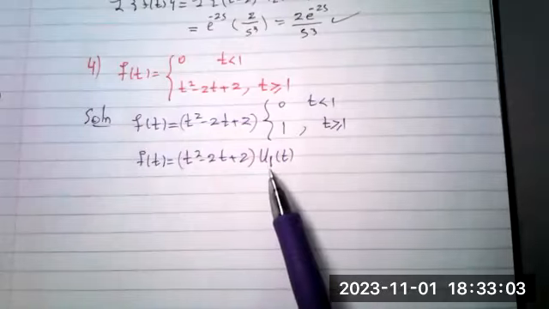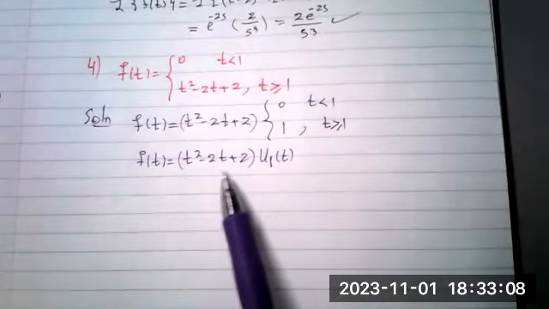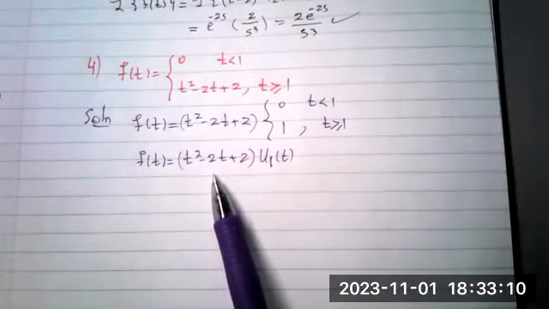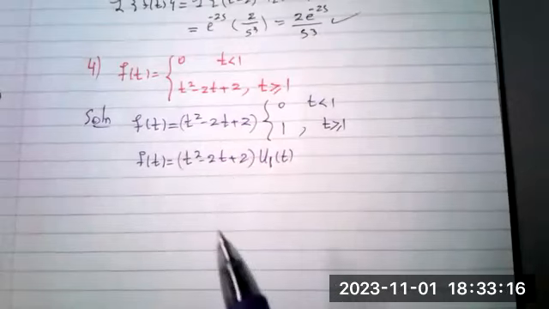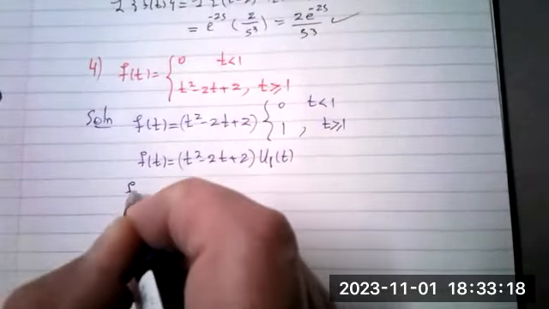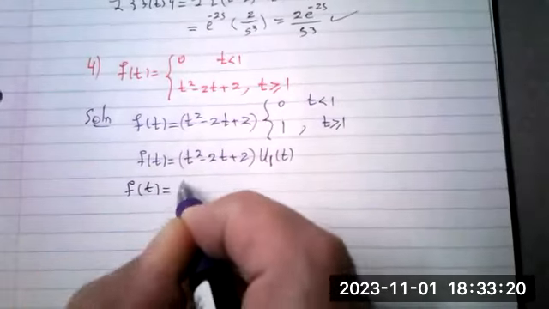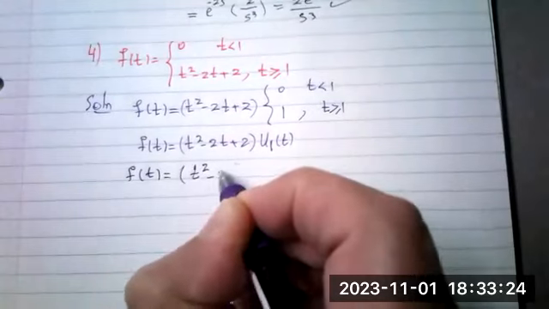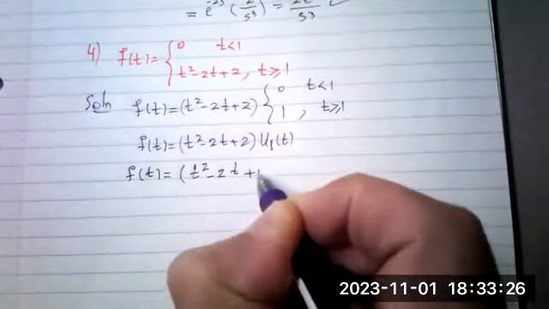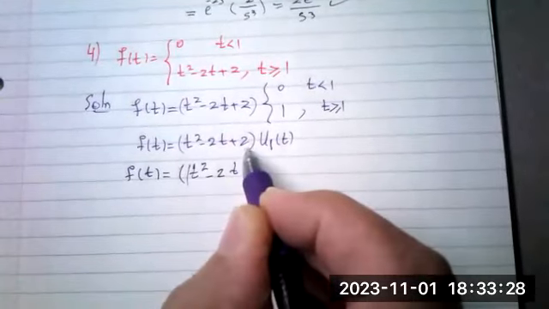Okay, so the hint is this one. Since the base is 1, you have to make this one as a function of t minus 1. So we look at this one, we change it. This is how we do it. f of t equals, we write this one as t squared minus 2t plus 1. That was 2.